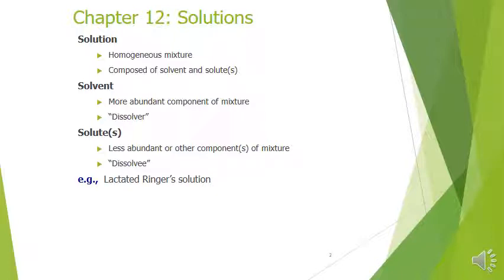It also talked about lactated Ringer's solution. This is kind of interesting. It's used in hospitals to help restore your electrolytes.